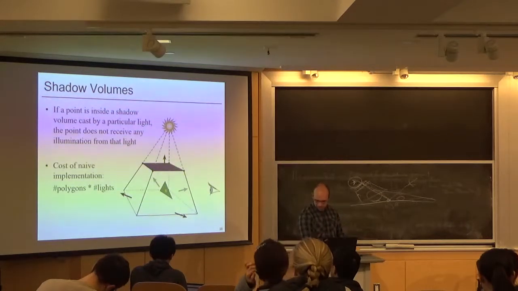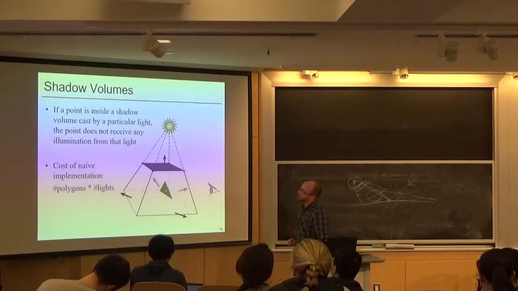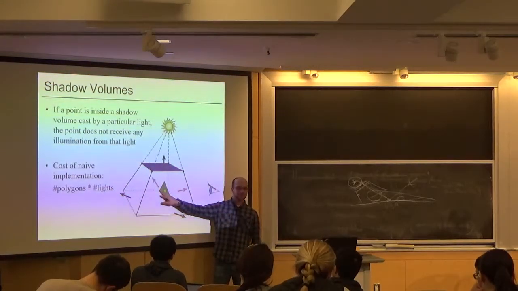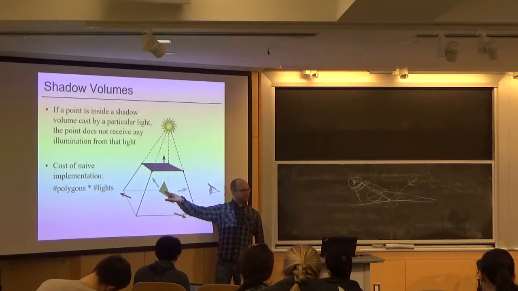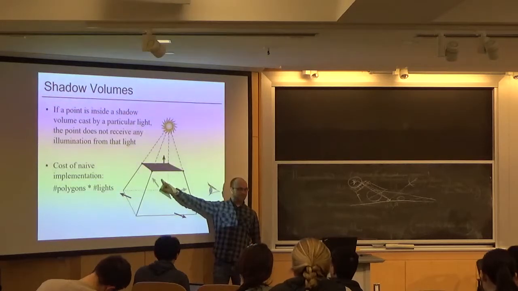So the naive version is to look at this green triangle and ask how I can figure out if it's in a shadow. Let's say I were ray tracing for a second, and I ray trace this. I could count the number of times that my ray intersects a shadow volume.